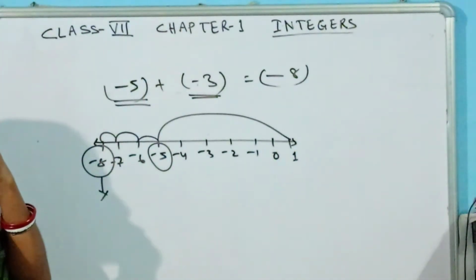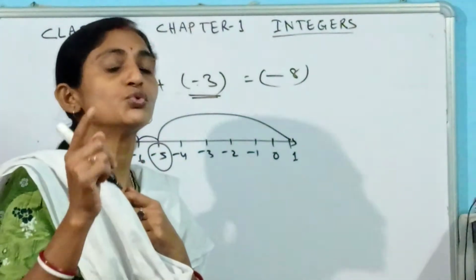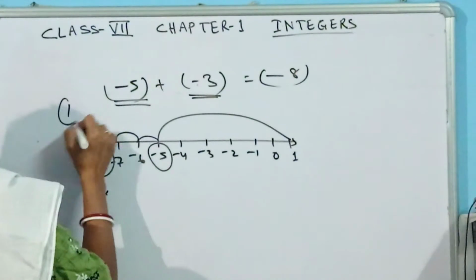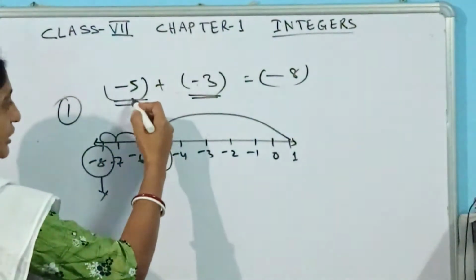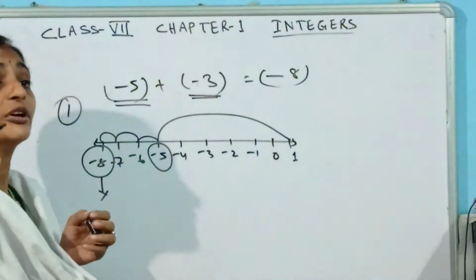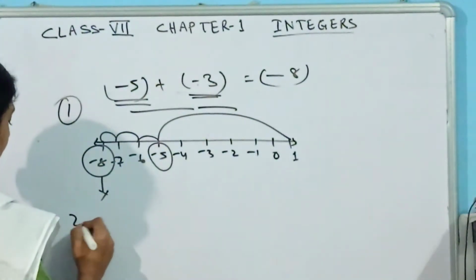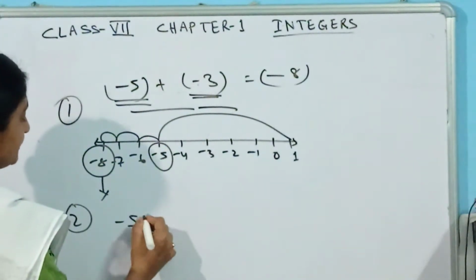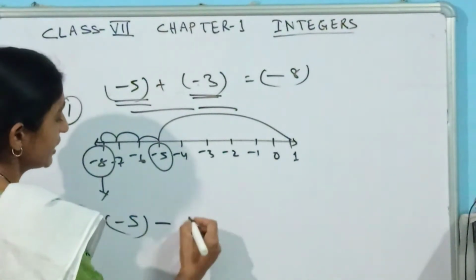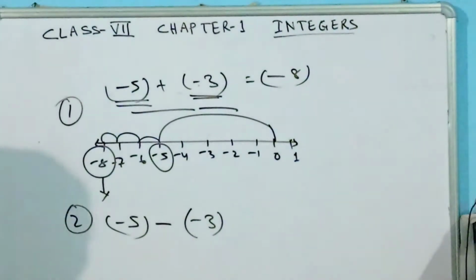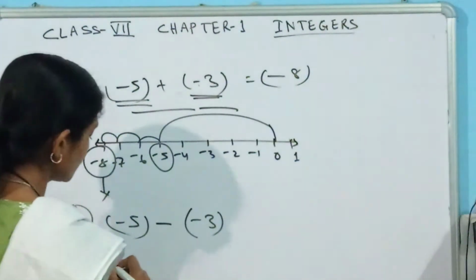Okay. So what will happen if we subtract two negative integers? Let's come to that situation. Situation 1 was when we add two negative integers. Now I want to subtract two negative integers, taking the same digits. In the second situation, I take minus 5 and then subtract minus 3 from it. Let's present this on a number line.